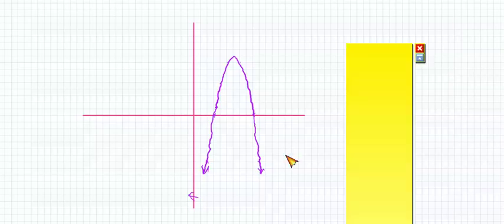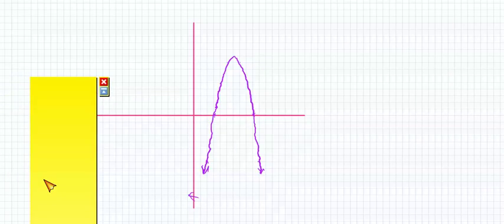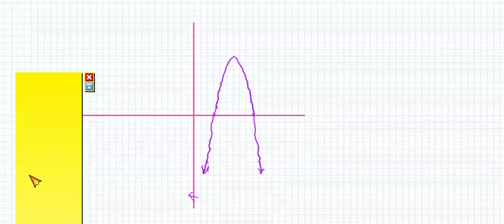Now, this is a parabola, and notice that although the graph goes down quite steeply, it still continually goes in this direction. So eventually, the graph is going to get over here.